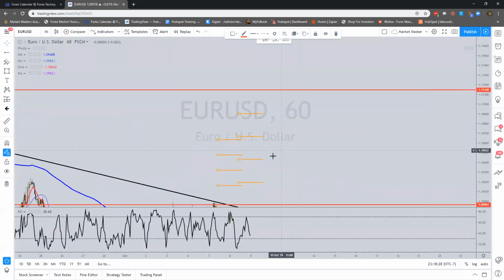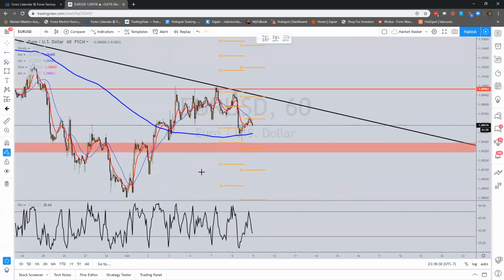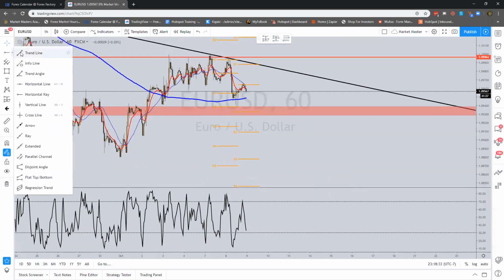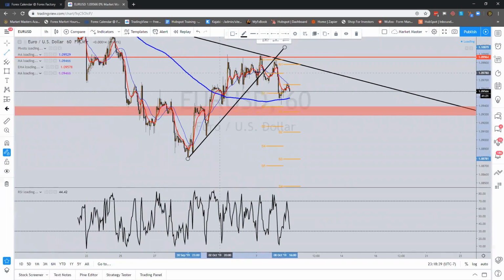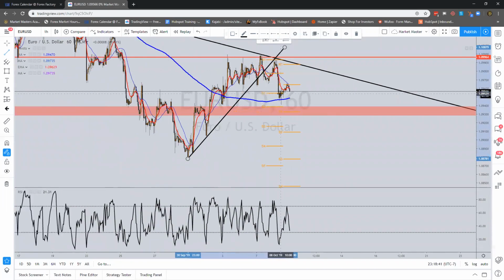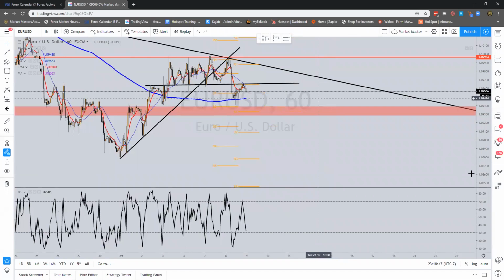Down to the 1-hour. So we had support like this. We can see it hit resistance, drop down. Now right here, this is a resistance area. It also hit the pivot point.